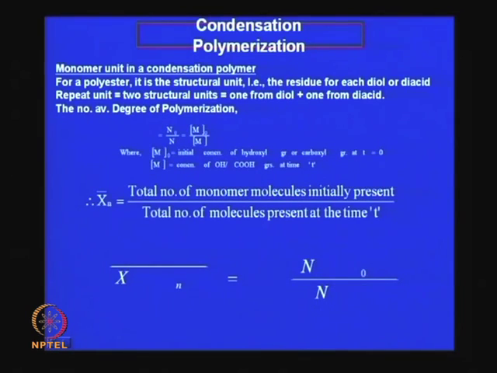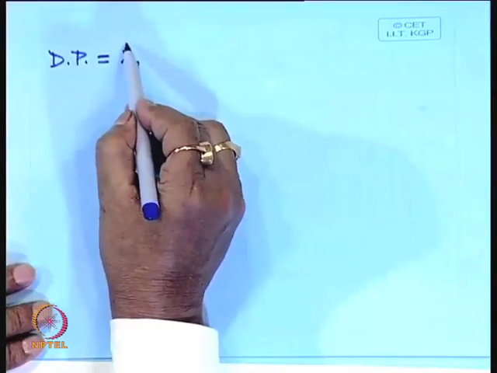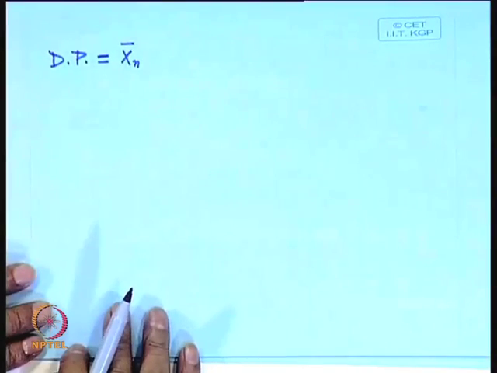So, degree of polymerization here, for the sake of simplicity, we write number average degree of polymerization. We will clarify later what we mean by number average molecular weight. There are other average molecular weight designations: weight average molecular weight, viscosity average molecular weight.